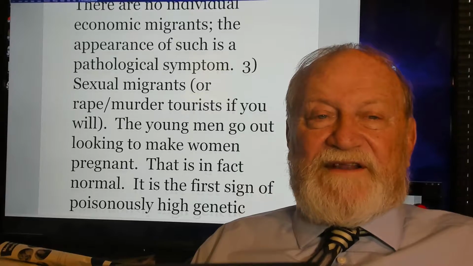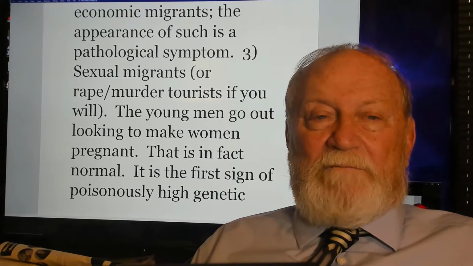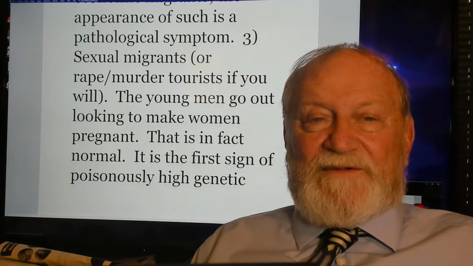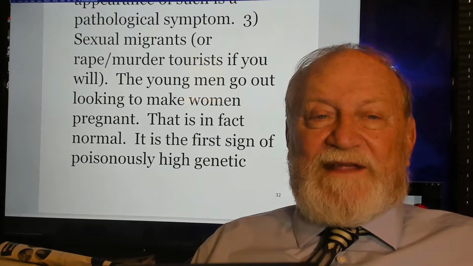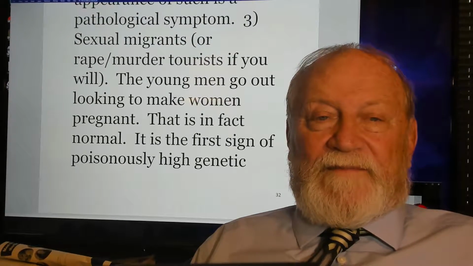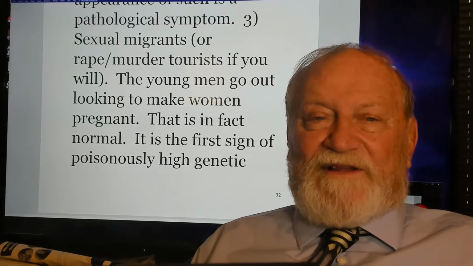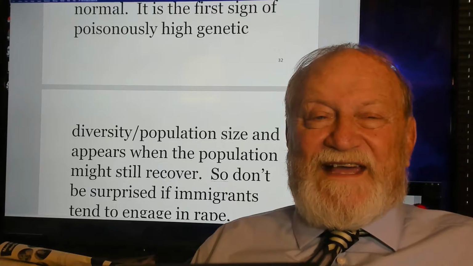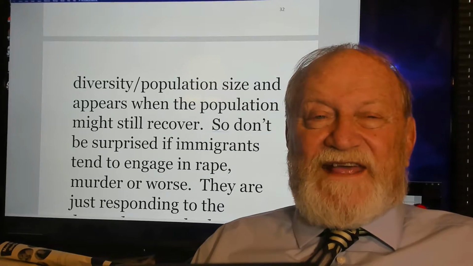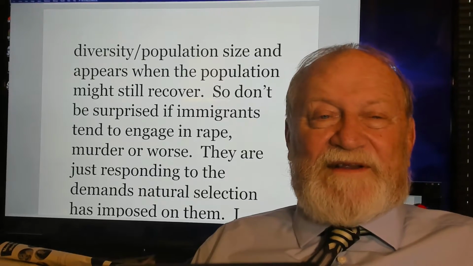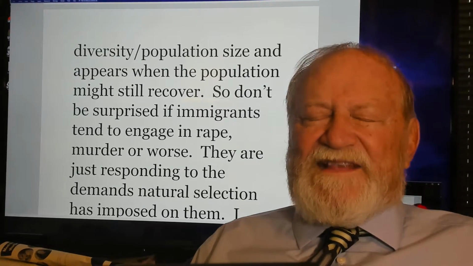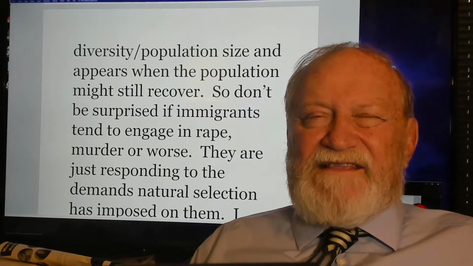And then the third kind is sexual migrants, or you might say rape, murder tourists if you want to. Young men go out to make women pregnant. That is, in fact, normal, as we mentioned earlier. It's the first sign of poisonously high genetic diversity slash population size and appears when the population still might recover. It's sickly but not lethal.